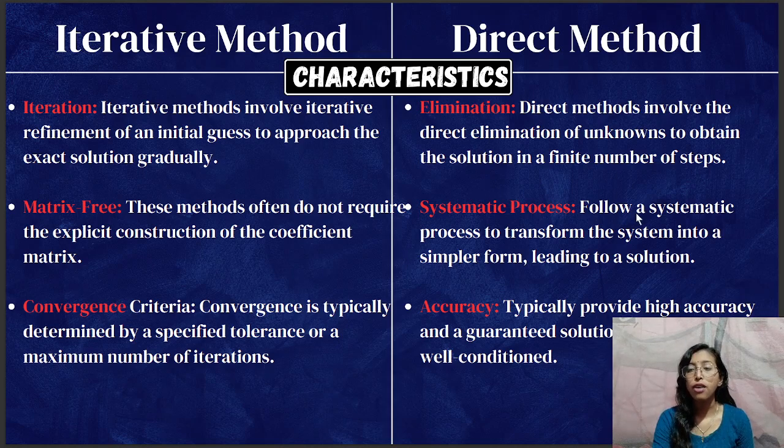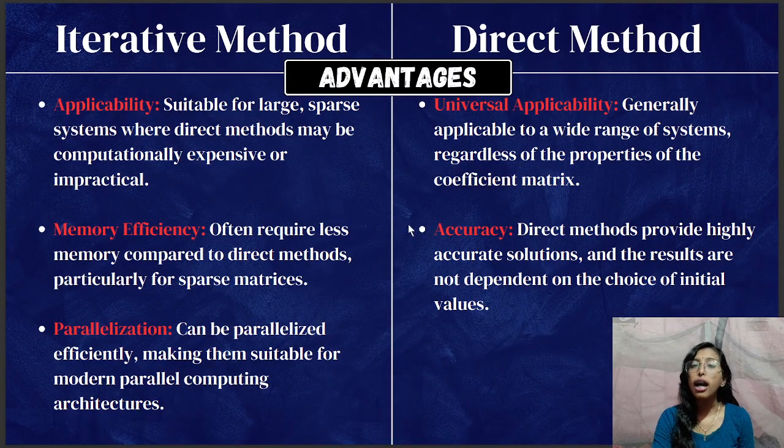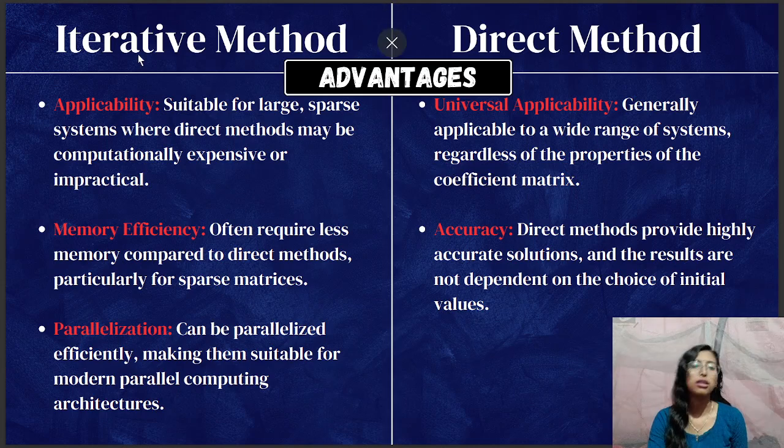Systematic process follows a systematic process to transform the system into simpler form, leading to a solution. Accuracy typically provides high accuracy and a guaranteed solution if the system is well conditioned. Now, the advantages of both methods are described a little bit more explanatively.